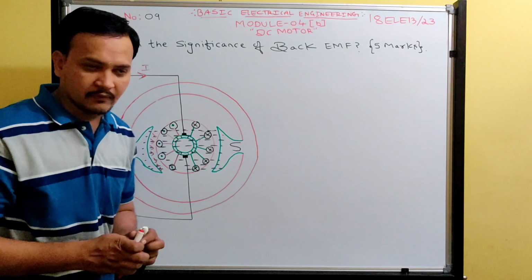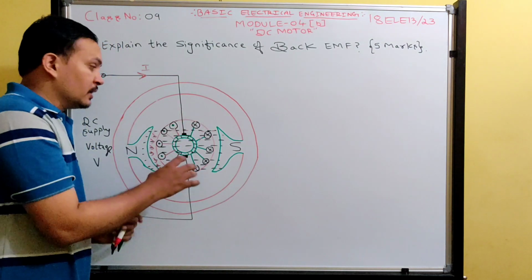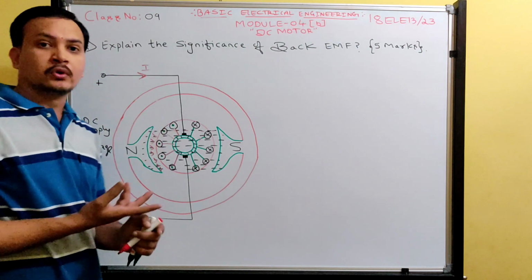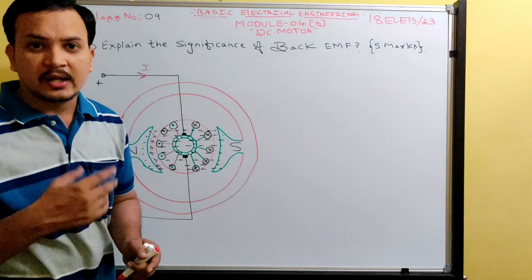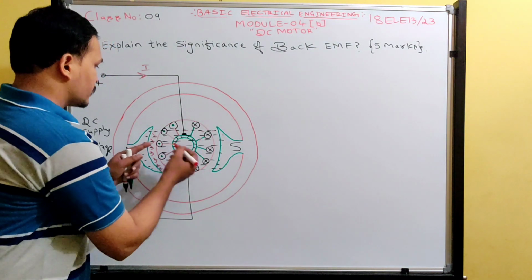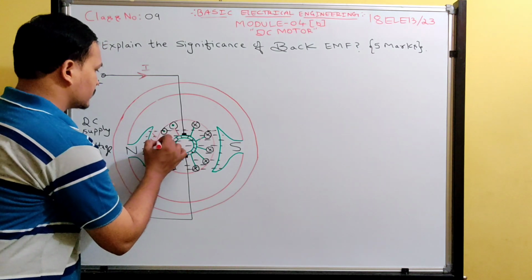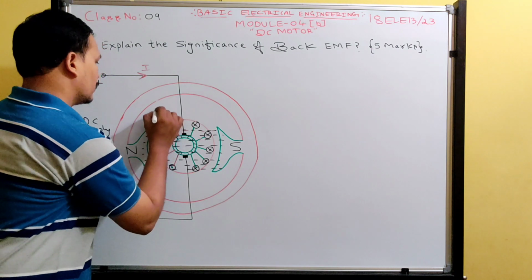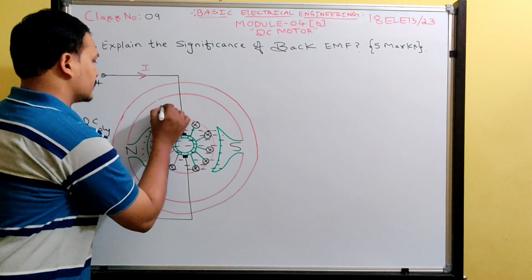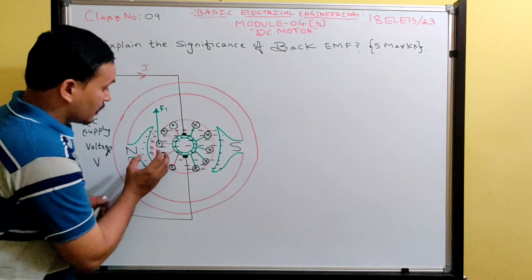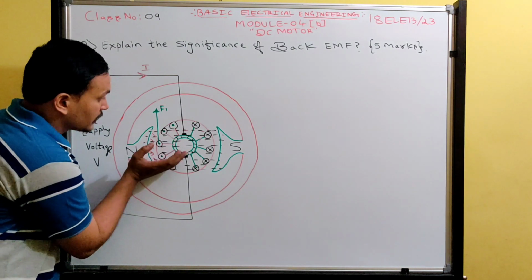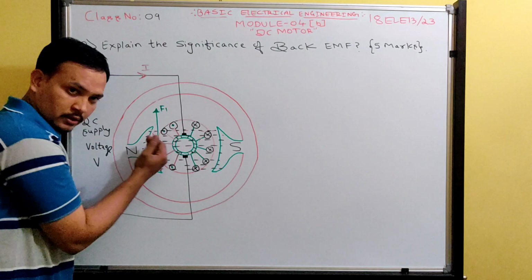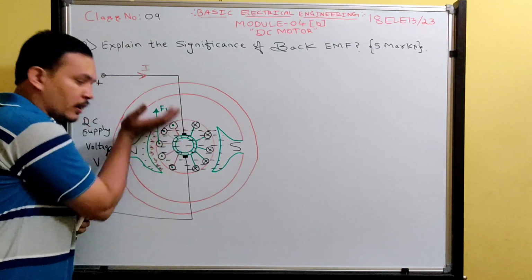So due to this interaction, whenever the armature conductor carries current from the external source, it produces its own magnetic field. That magnetic field interacts with this main flux. So due to interaction of those two fluxes, it experiences a mechanical force. So on the north pole, the force is experienced like this. Let me say it is F1. It means all this armature conductor is pushed upwards. Whatever conductor comes under the north pole is trying to move upwards.